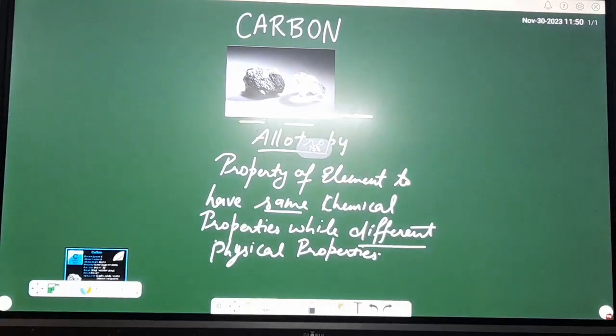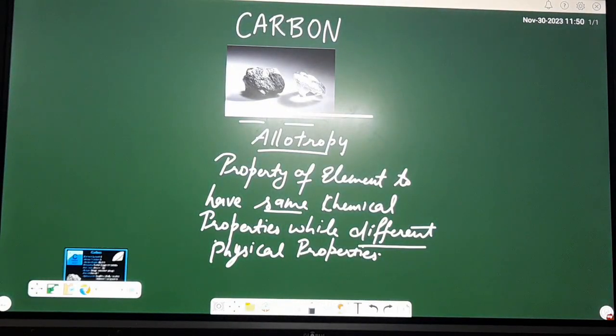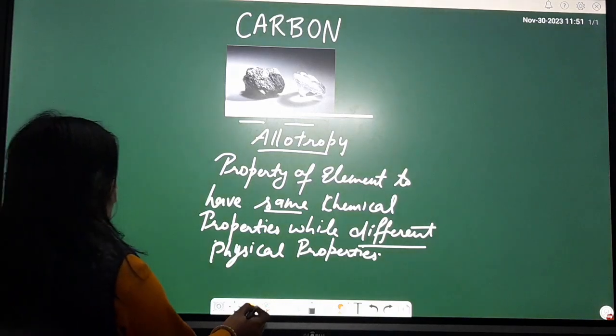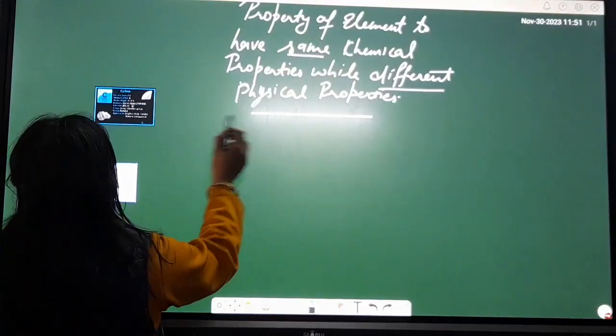One of these characters that make carbon a very impressive, very amazing element is allotropy. Why? What can we say, what is carbon?